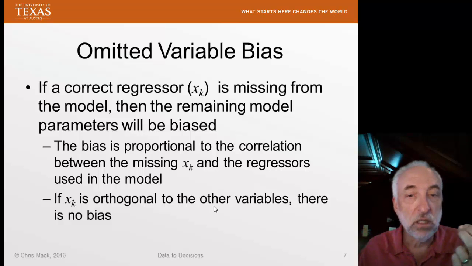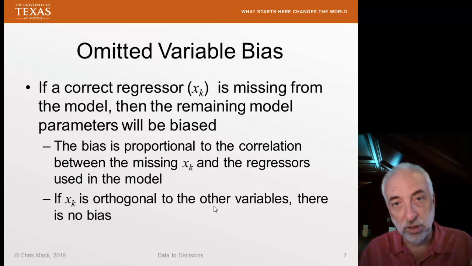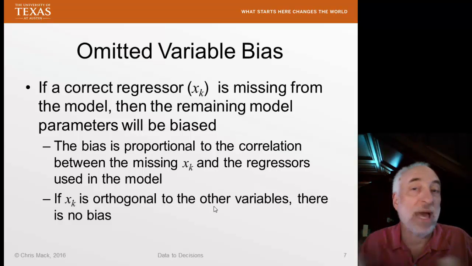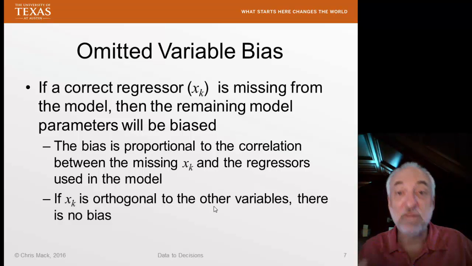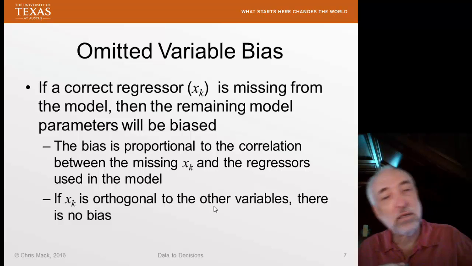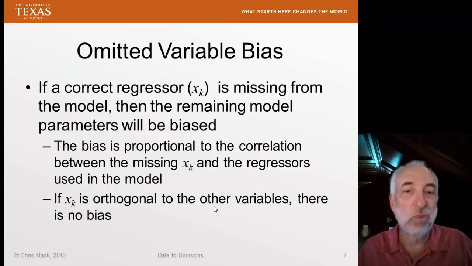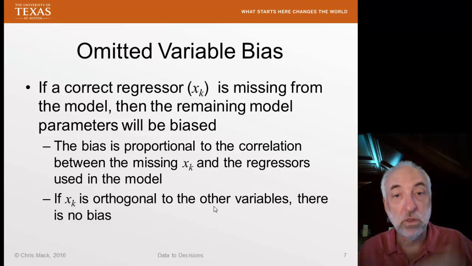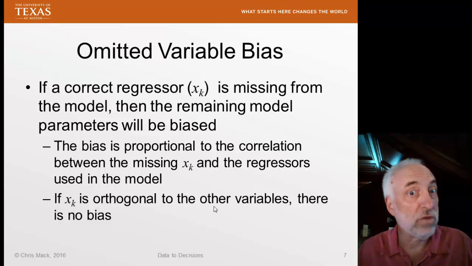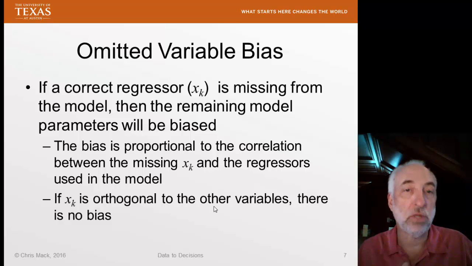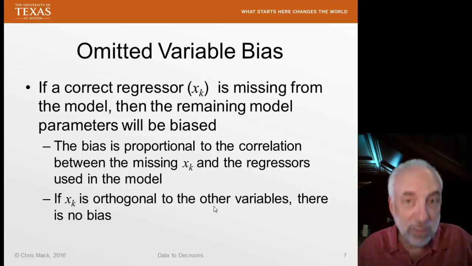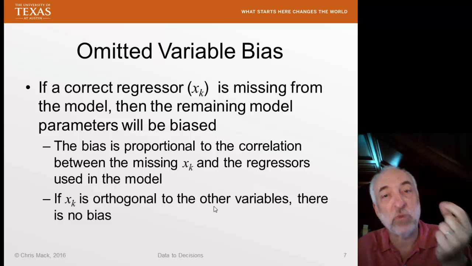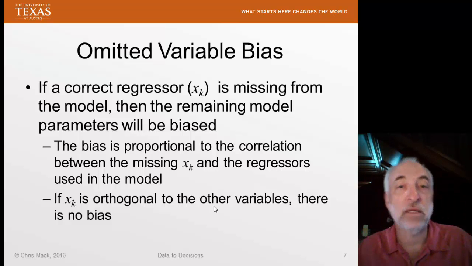Well, often the missing regressor is correlated with the regressors that you actually have in the model. If that's the case, then keeping this parameter out will end up changing the values of the coefficients of the regressors that we've kept in. That's called omitted variable bias. It's biasing or changing the parameters depending on whether we include or not include that regressor.